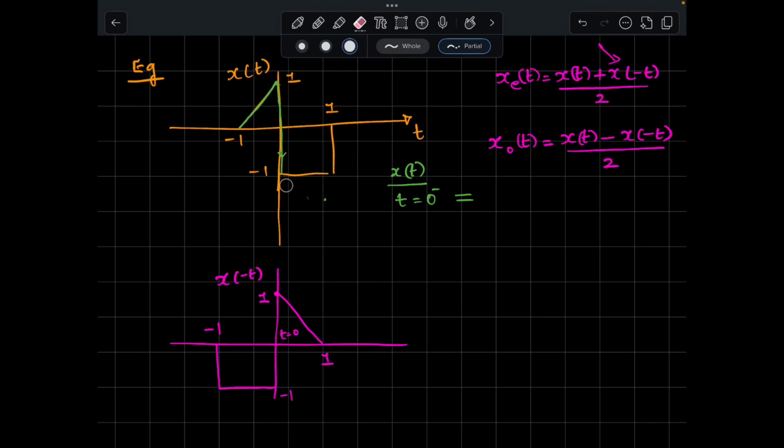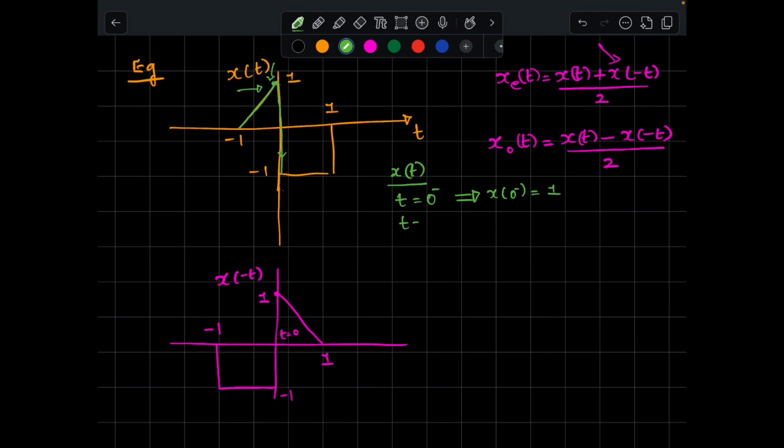Which part of the signal is t less than 0? We have this part for t less than 0. So at t equal to 0 minus, the amplitude is very close to 1. So I can say x of 0 minus is nearly equal to 1.